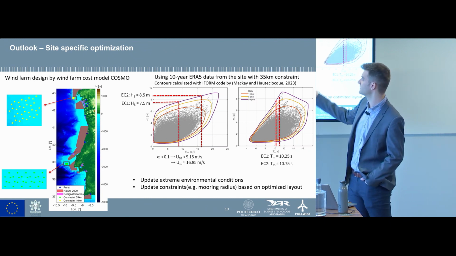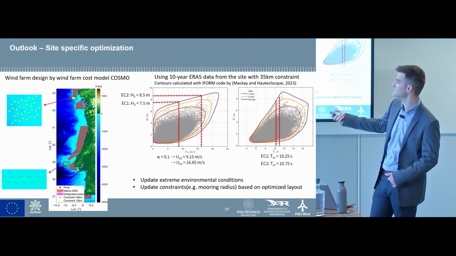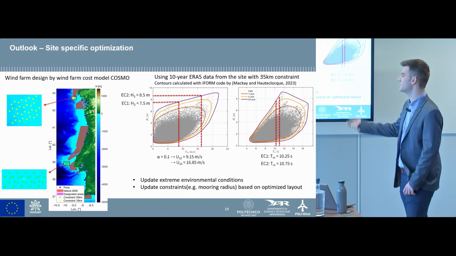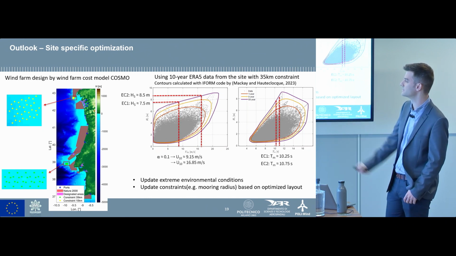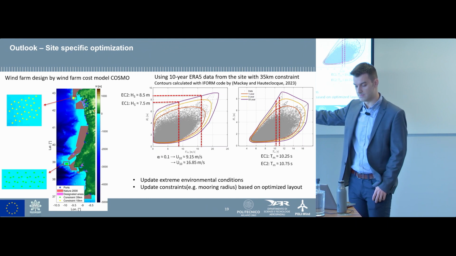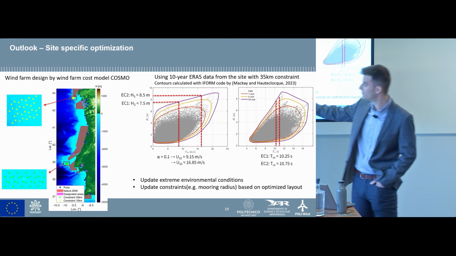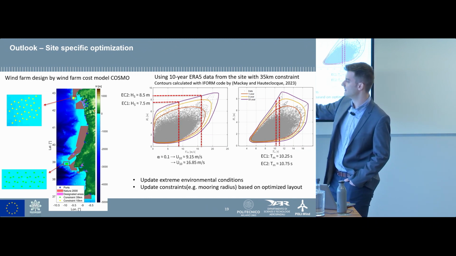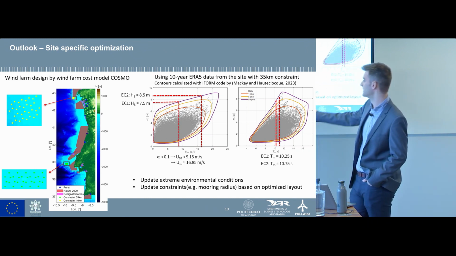Here it is obvious that we are going to simulate different environmental conditions, so we can update our extreme environmental conditions after optimizing our wind farm design. And also, if we find a layout description, we can update our constraints.